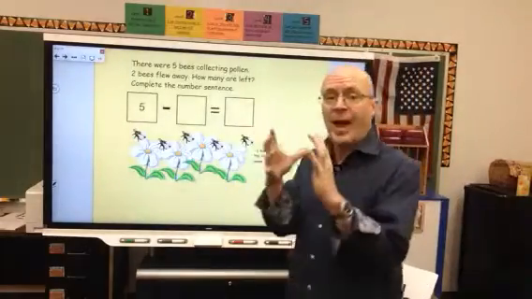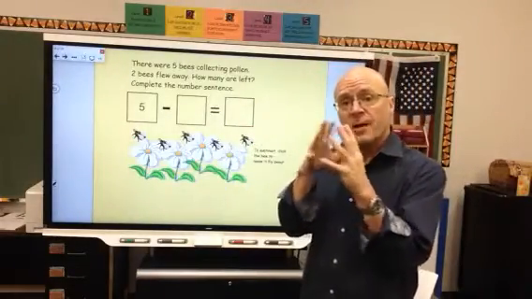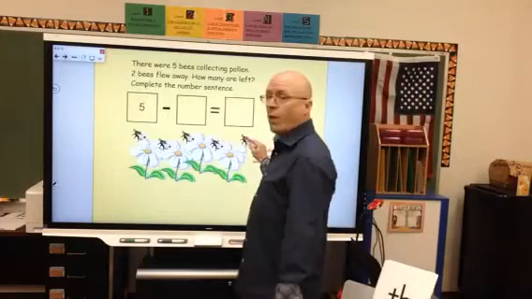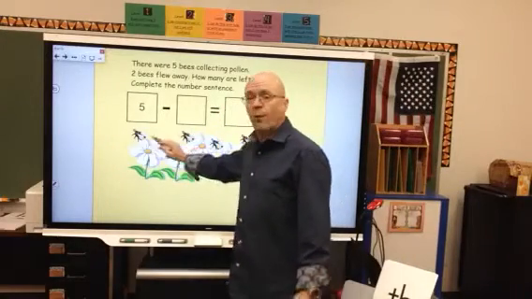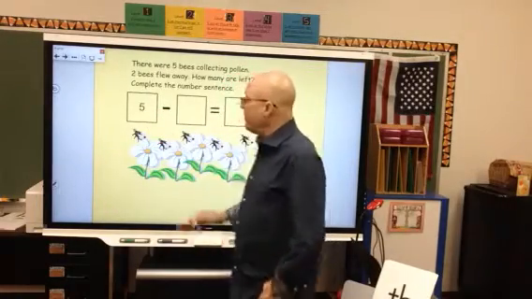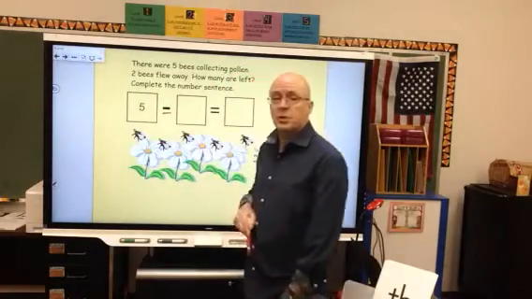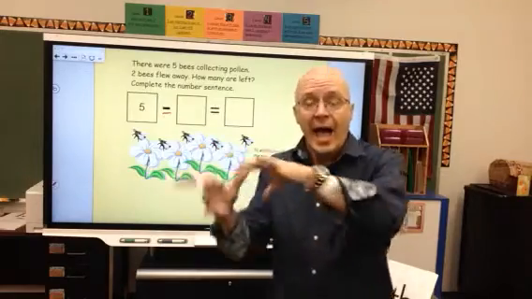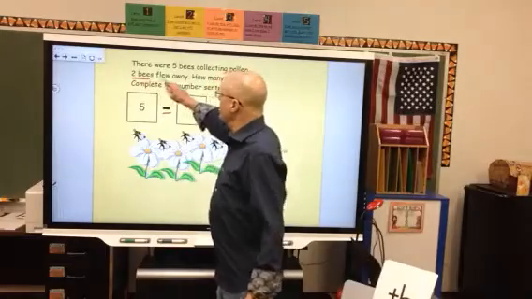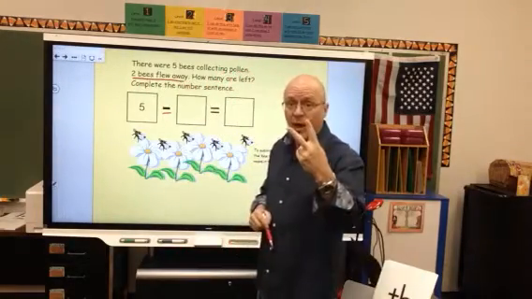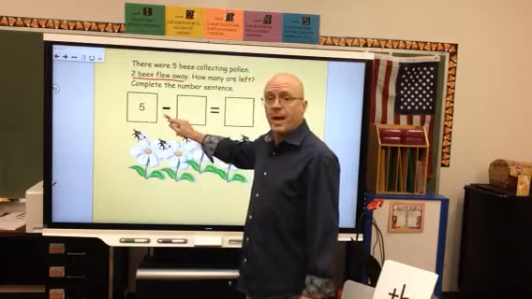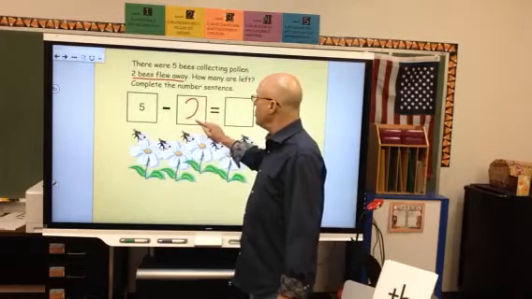When we subtract, the first number that we write is how many we start with. We got 1, 2, 3, 4, 5. So that number goes first. Then we subtract or take away how many are leaving. In this case, 2 bees flew away, right? So we're going to write 5 minus 2.